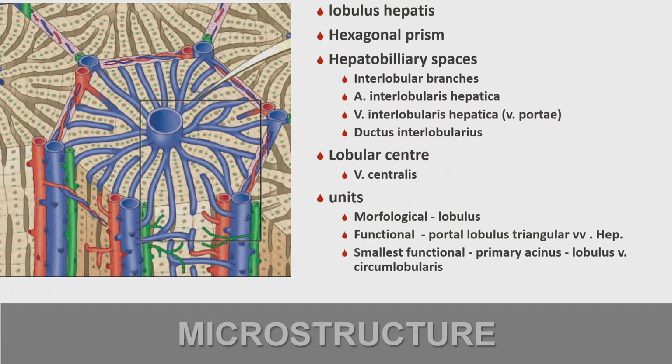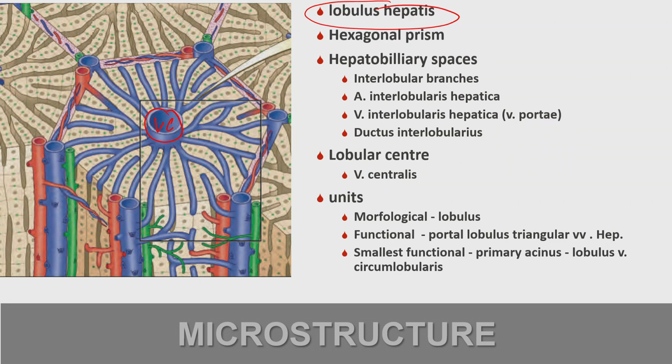For our purposes, it's important that the first unit is the lobulus hepatis, the lobule. This is a hexagonal prism which has a central point called the vena centralis, the central vein. The central vein is a part of the hepatic vein system, so this is the outflow tract.